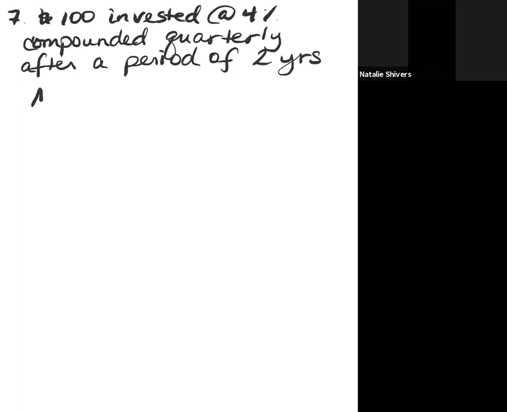So the amount we started with, the principal, is 100. Compounded quarterly, that's 4 times a year. 4 goes on the bottom, 4 also goes in the exponent, times the number of years, which is 2.